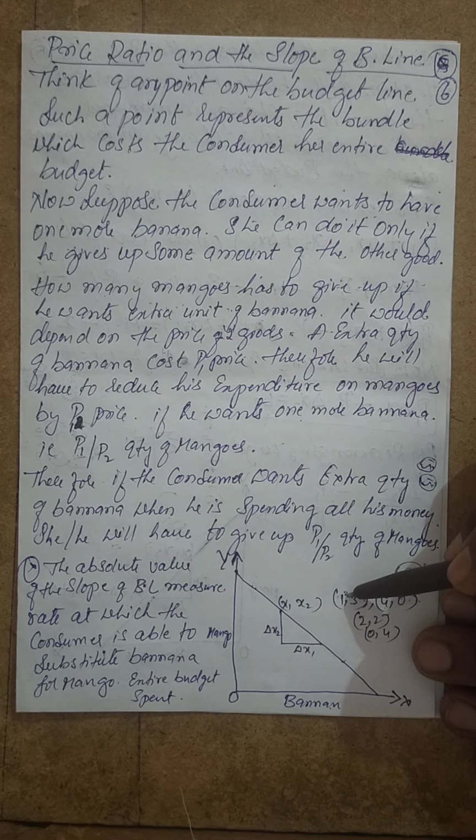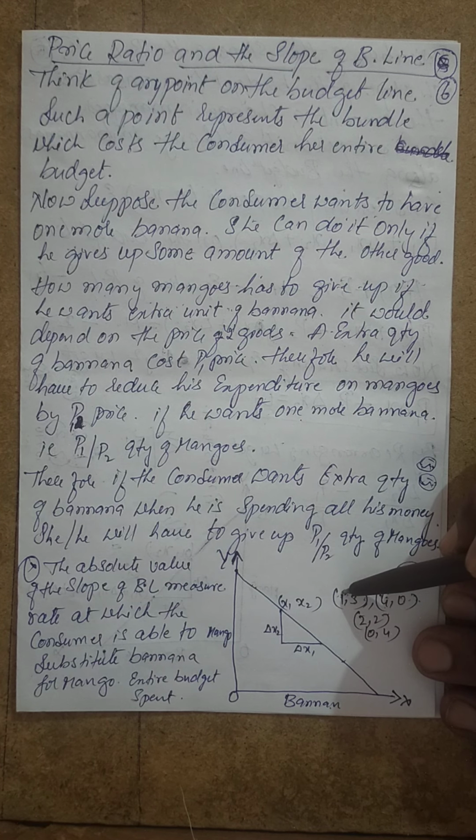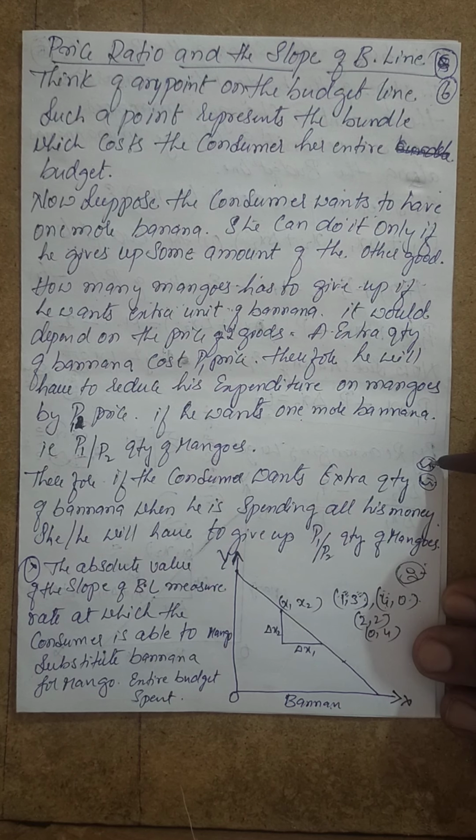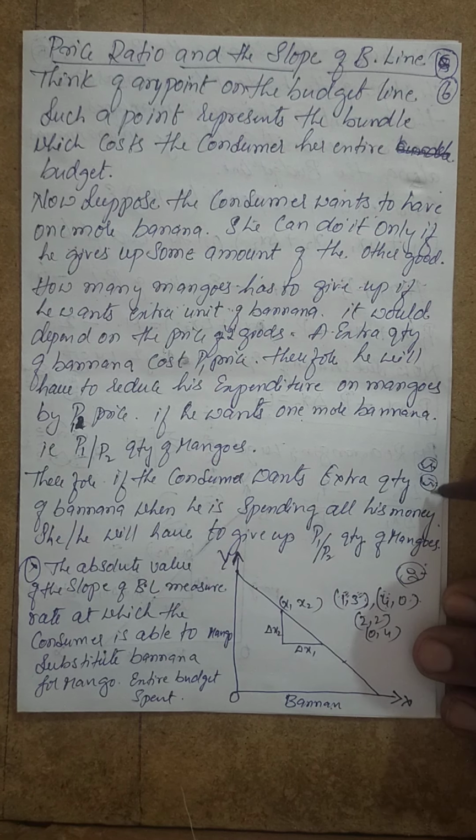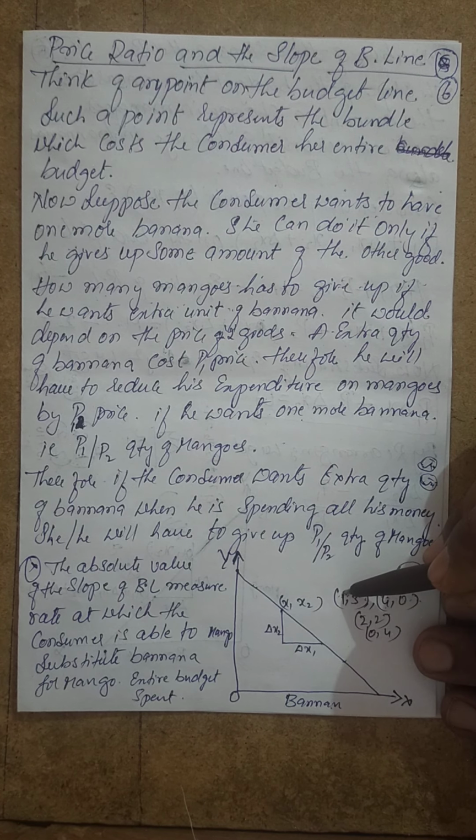Because my combination is now I want to increase this good, not this good. If I am going to increase this good, how much does this good have to sacrifice? This good has to sacrifice as much as the cost of this good. See here, 5 rupees is this good's price and 5 rupees is this good's price. Now I am decreasing 1 unit of good. That means 5 rupees of this good's money is being sacrificed, for which good? For good number 2.